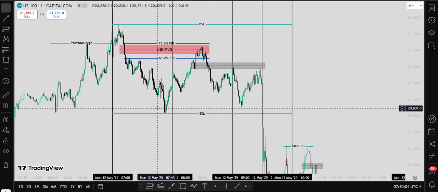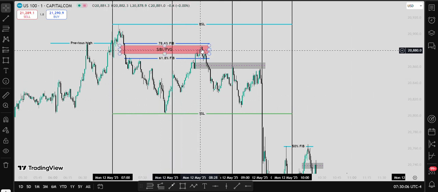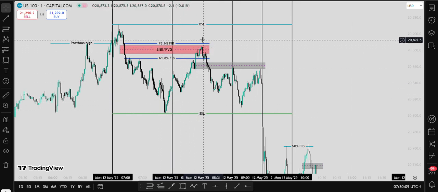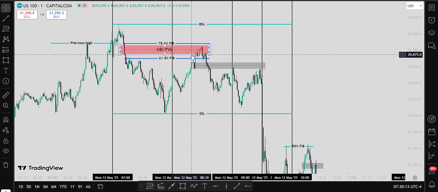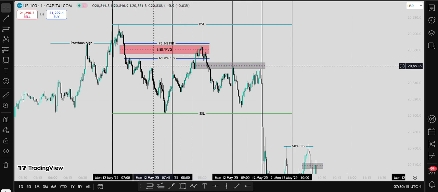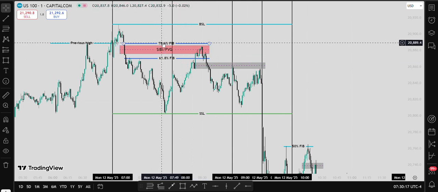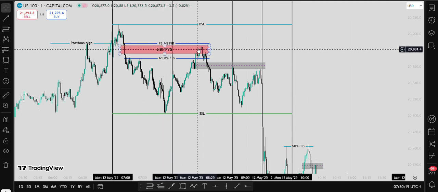Since we were selling and the retracement is buying, we are now looking at our premium levels, between 50% and 78.6%. What will the market do?